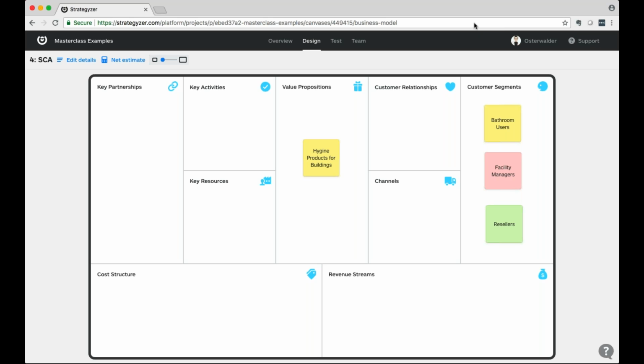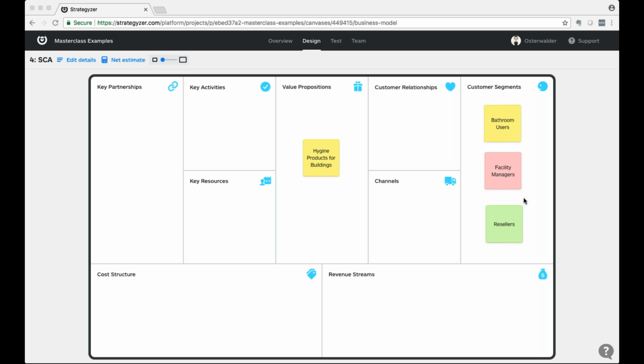Yep. Okay. So the example I would like to talk about, which I quickly started before, but it made more sense to start with the other topic, is a company called SCA, a Swedish company, the biggest manufacturer of hygiene products for consumers, but also for buildings, so business to business.